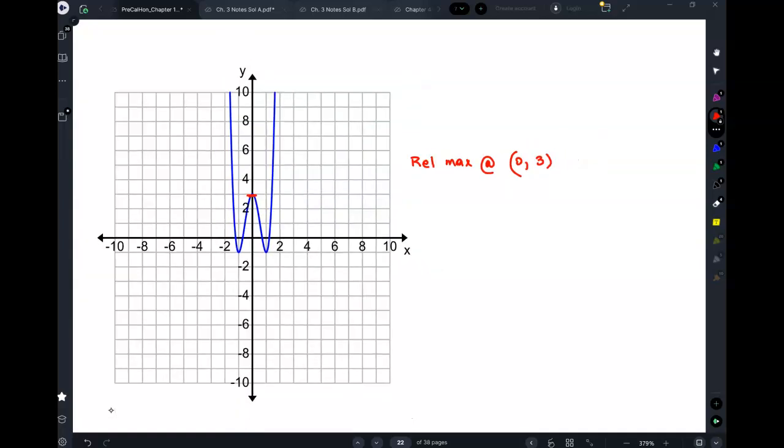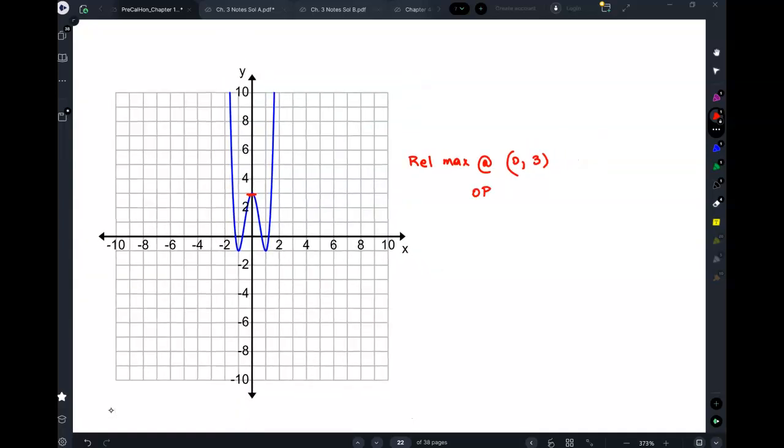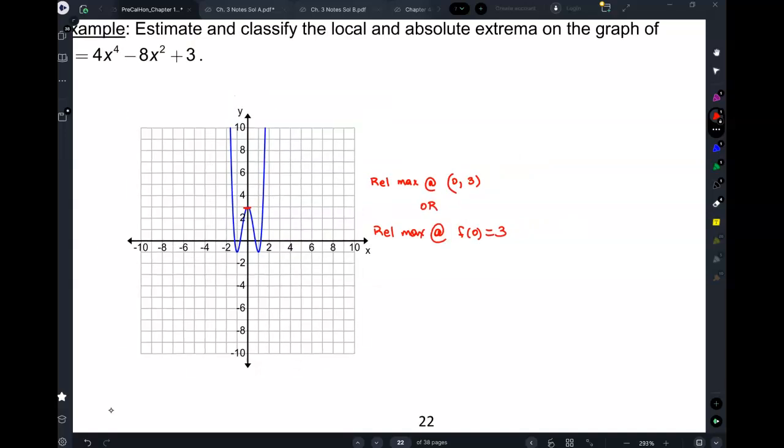Now, there is another notation. You can also say there is a relative maximum at f of 0 equals 3. This second one is called function notation.